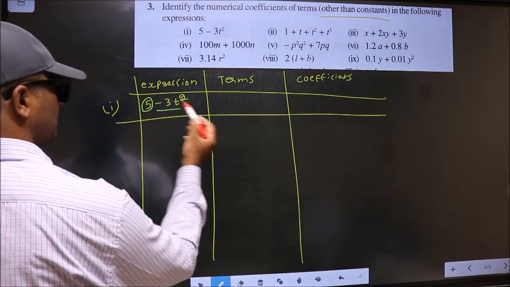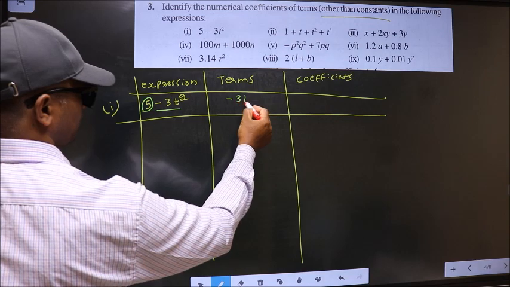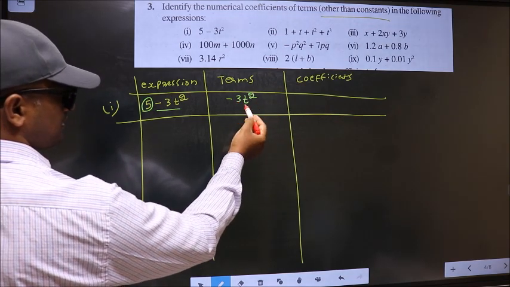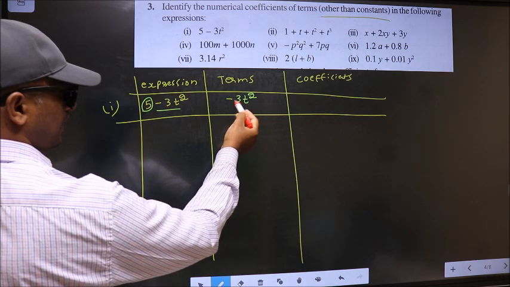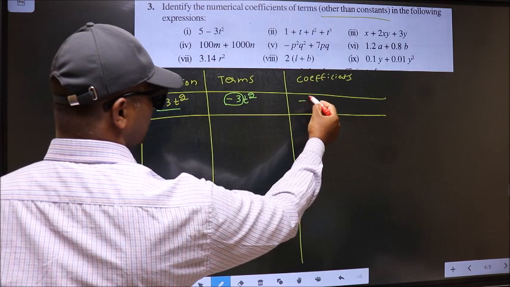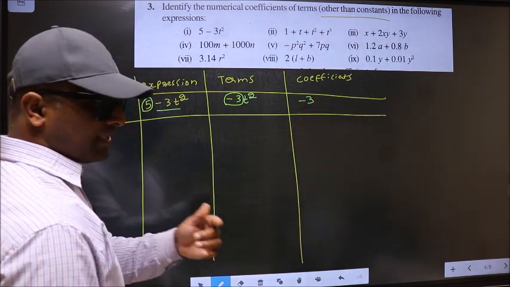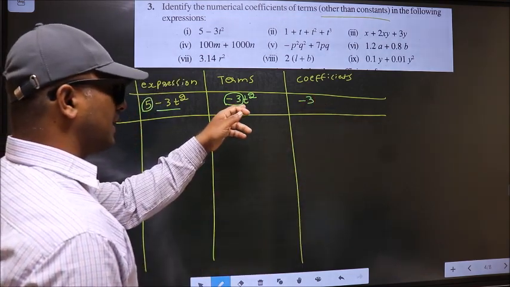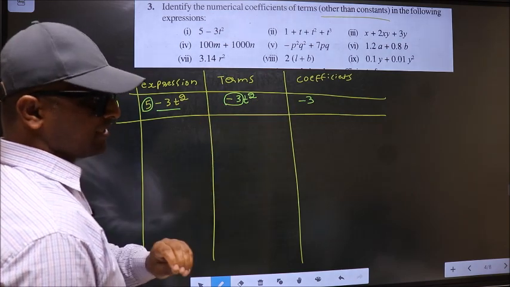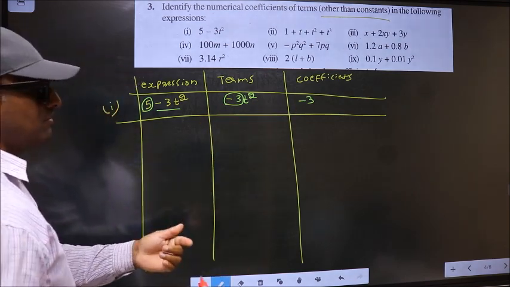So the other term is minus 3t square. And the coefficient for this term is the number before the letter. I repeat, whatever number is present before the letter, that is the coefficient. We are done with the first one.